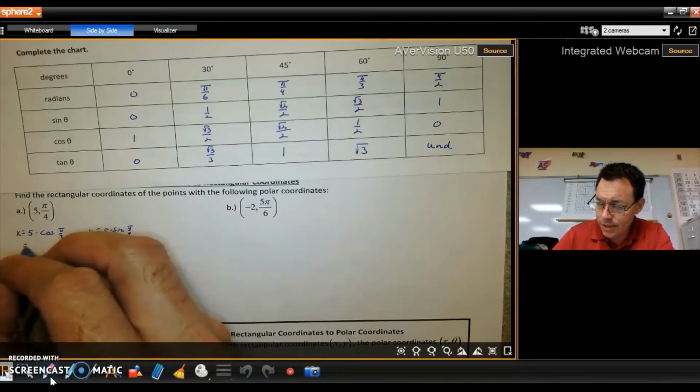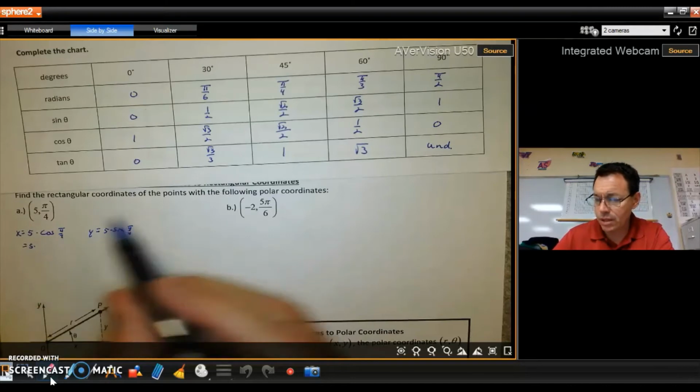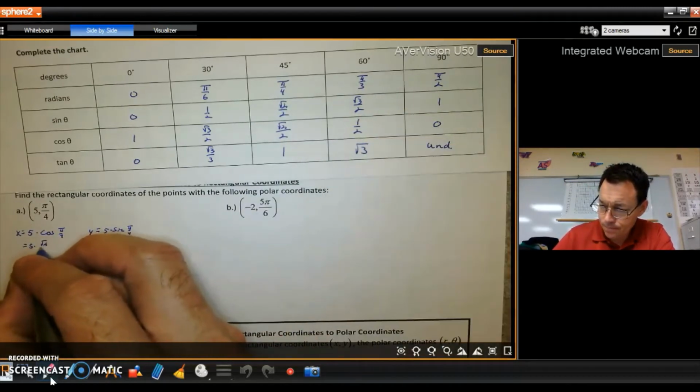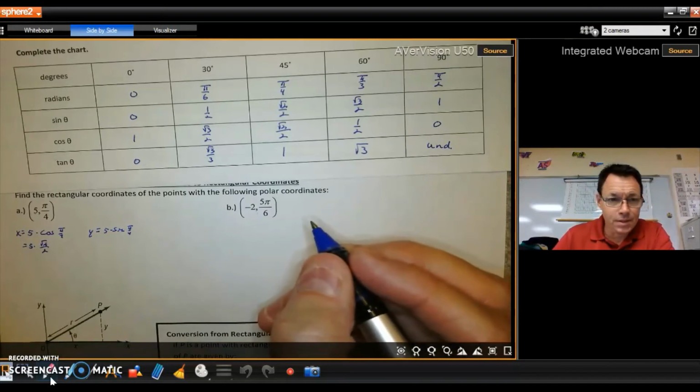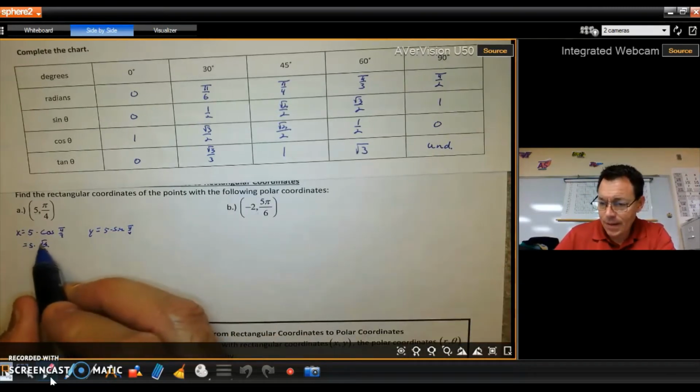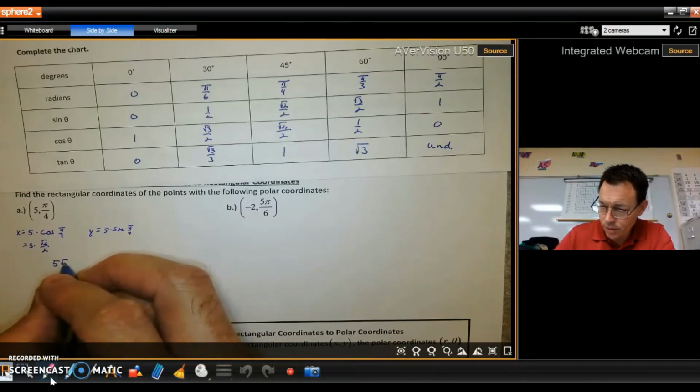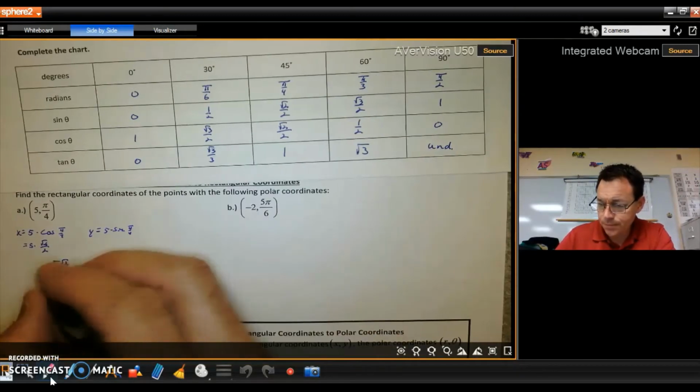So x is 5 times, what's the cosine of pi over 4? That's radical 2 over 2. This doesn't simplify a whole lot. 5 times radical 2 over 2 is just 5 radical 2 over 2.